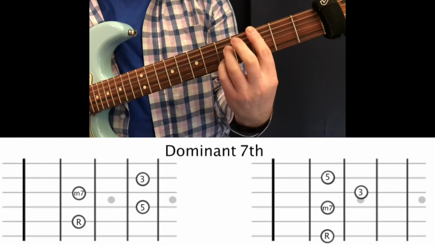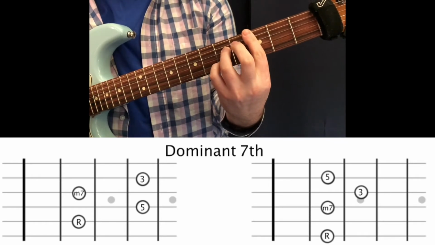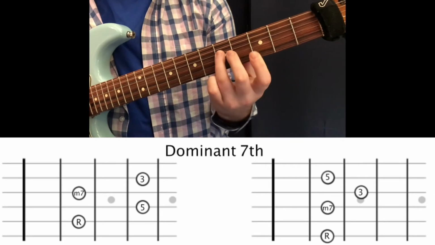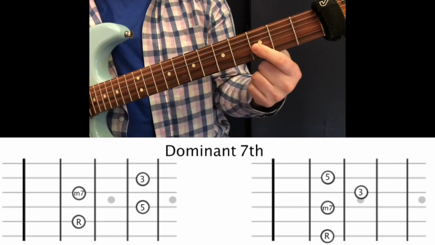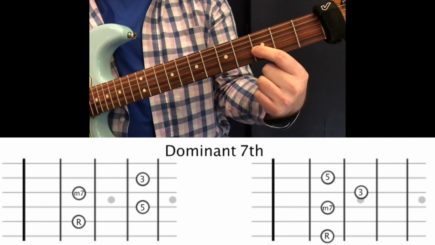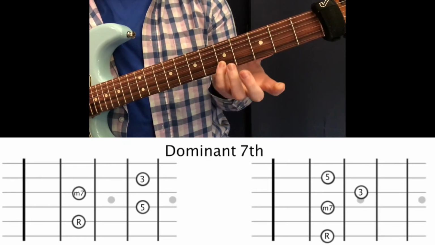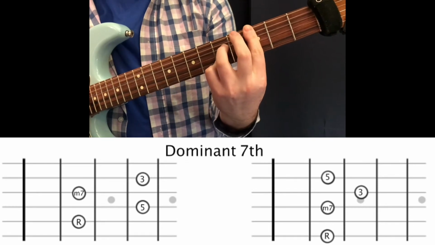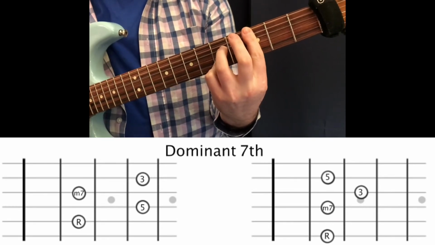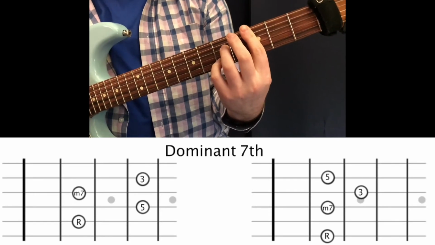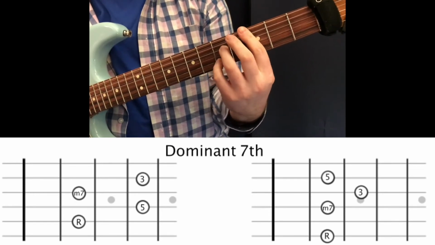So for C, we have the same root, same fifth, but now it's the 3rd fret, which is that B flat, and then we have the major 3rd again. So again, that's a dominant 7th chord. You'll see it written as just C7.